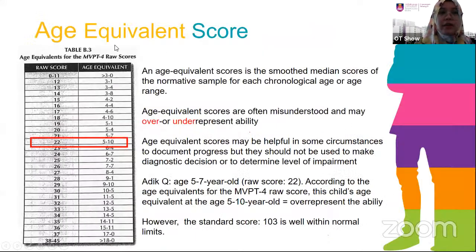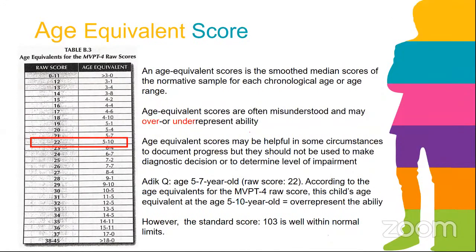Okay, untuk age equivalent score. Age equivalent score ni kita selalu tersalah anggap yang mana kita ingat okay, contohnya saya bagi contoh satu assessment iaitu Denver. Okay, Denver kita selalu guna age equivalent kan, umur berapa, performance dia macam ni.